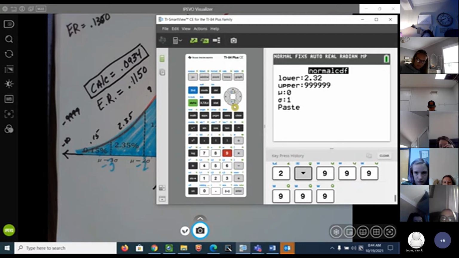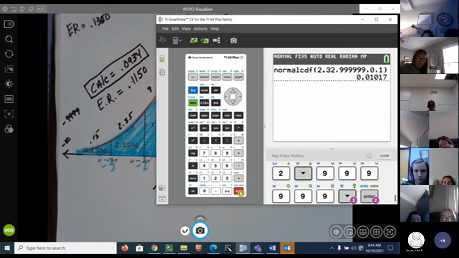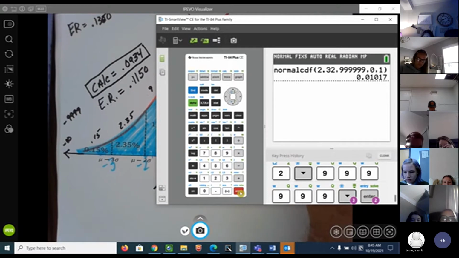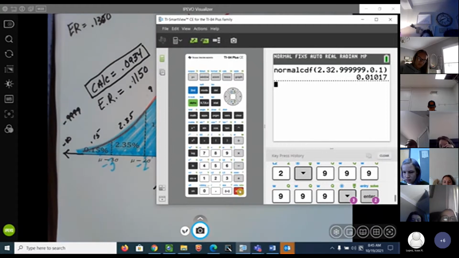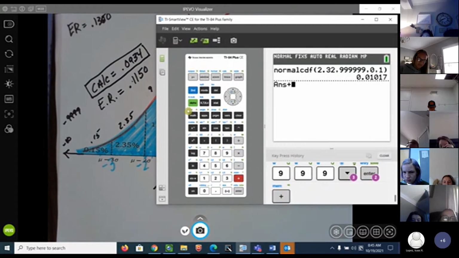We got an empirical rule of 0.0150. Ooh, close on that one. The calculator says 0.0102. So I'm going to add that to alpha left.